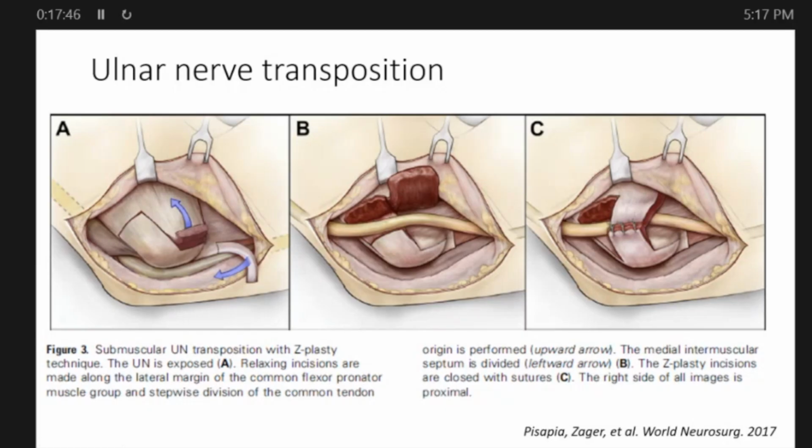And then one of the first things I do, so I don't forget, is to look and feel for the medial intermuscular septum, because it's not typically a site of primary entrapment, but if you do any type of transposition, the nerve can then be strung over this sharp edge of the medial intermuscular septum that inserts on the medial epicondyle.